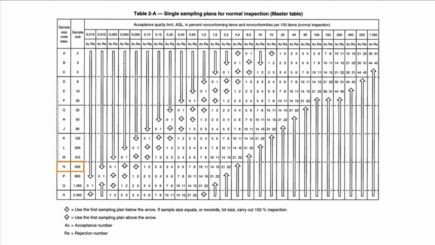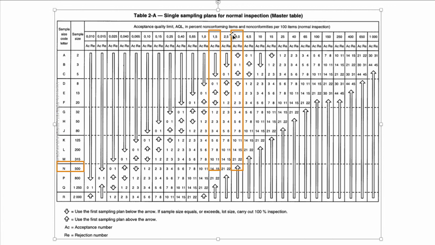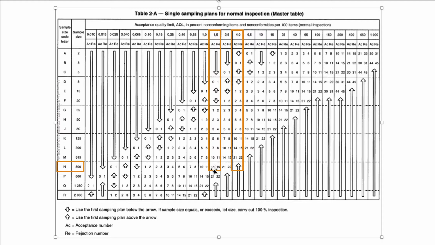Now, what about the number of defects? That is the maximum, the limit that can be accepted. If you say for critical defect 0, the limit is always going to be 0 anyway. If you say 1.5 for major defect and 4.0 for minor defects, this means here, there's an acceptance number and a rejection number.